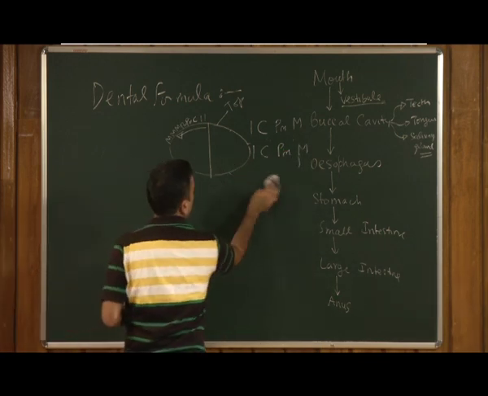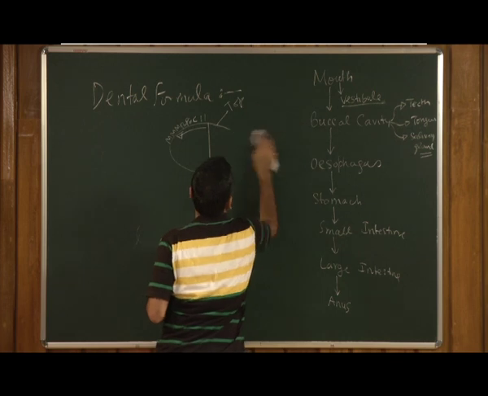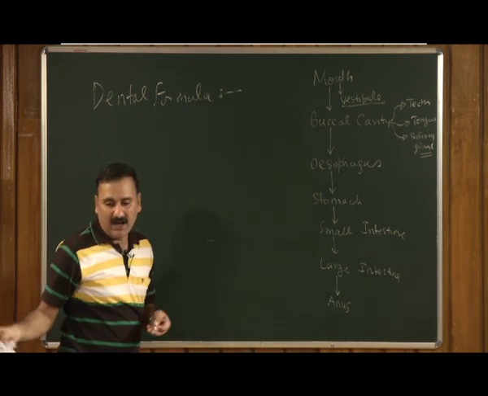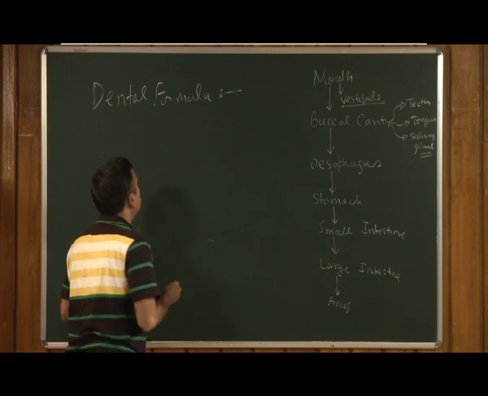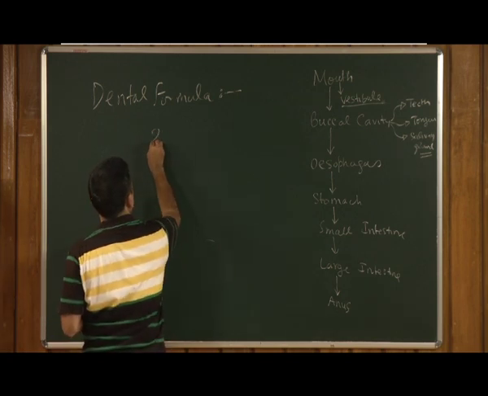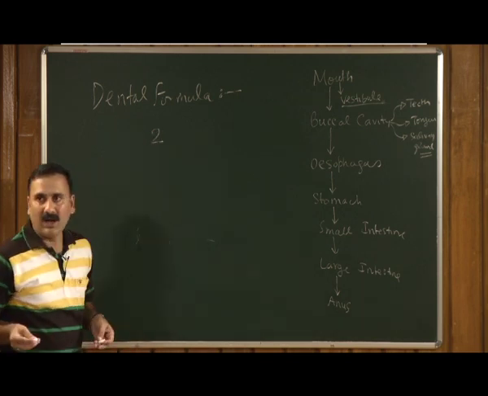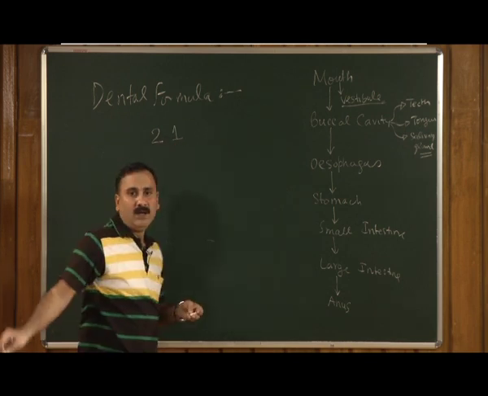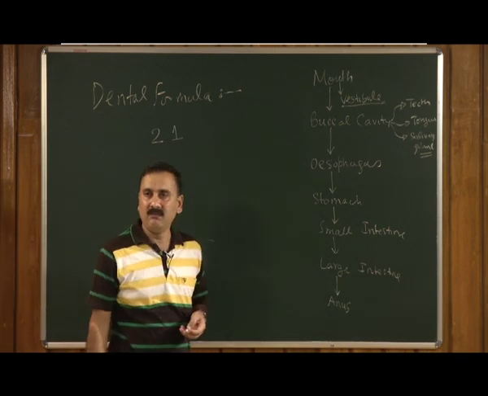We will take the example of humans. In humans, as I discussed, how many incisors do we have? We have 2 incisors on the top, 1 canine, and then how many premolars?